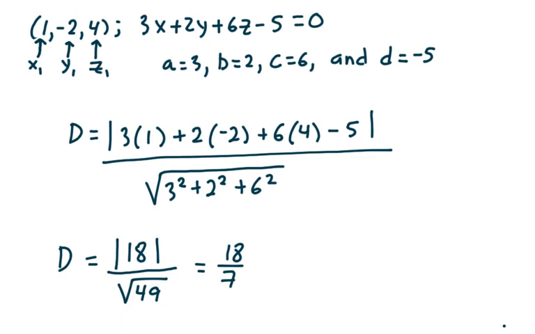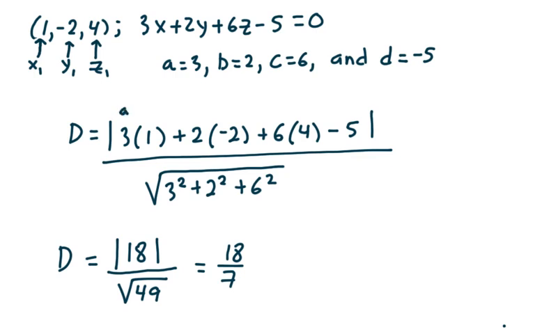So capital D is equal to the absolute value of 3 times 1 plus 2 times -2 plus 6 times 4 minus 5, all divided by the square root of 3 squared plus 2 squared plus 6 squared. You notice here it's just direct substitution.